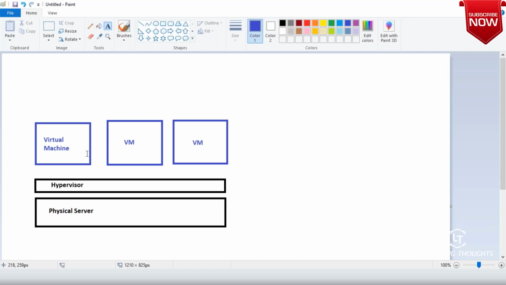Am I clear on this? Okay. So rather than taking one physical server and installing only one application or one set of applications for that, now what you can do is, you can use the same physical server. On that, you can install something called as hypervisor.